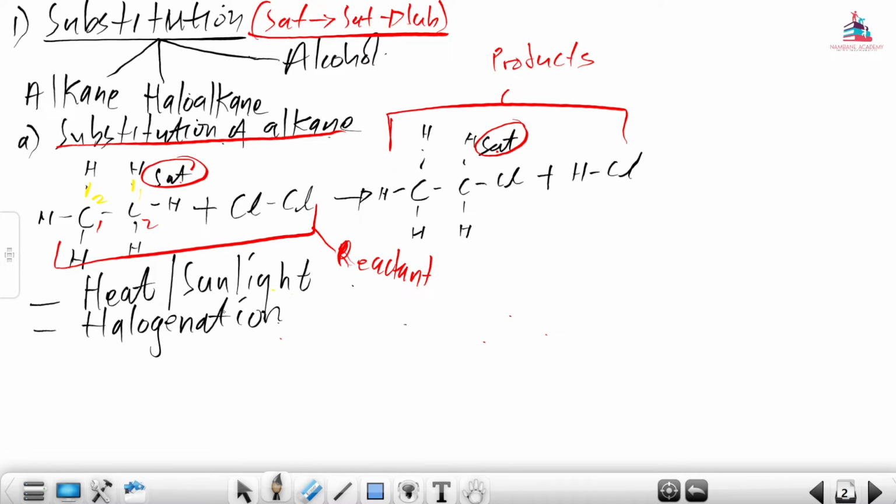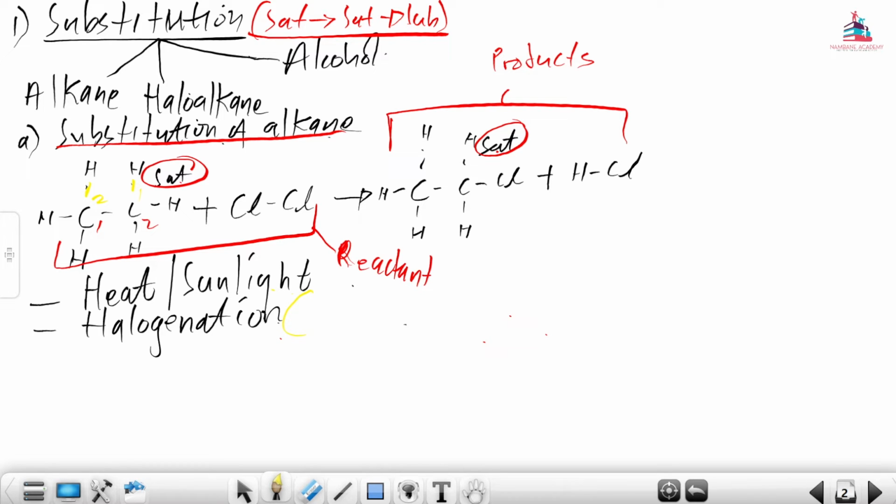So if the examiner asks what type of substitution an organic reaction is undergoing, then because they said substitution already, it means we need to give them this explanation here. So I'm going to write it in yellow for emphasis.